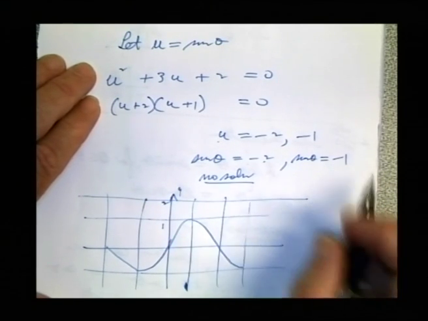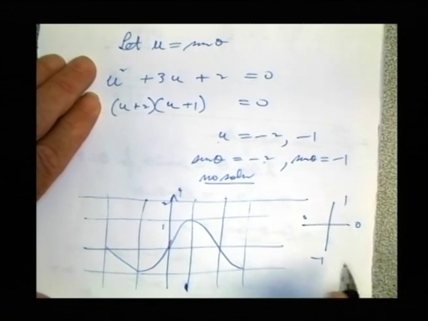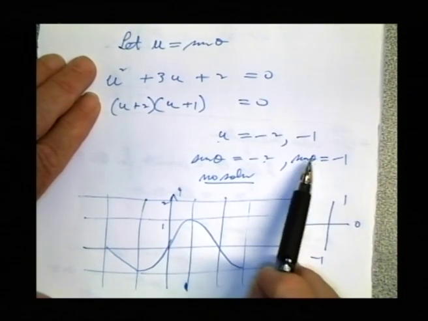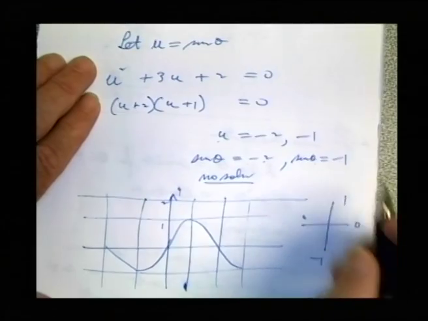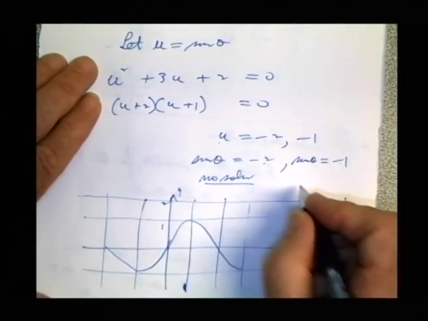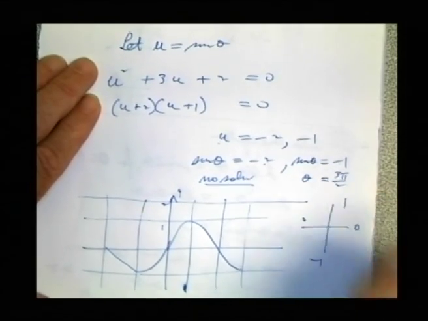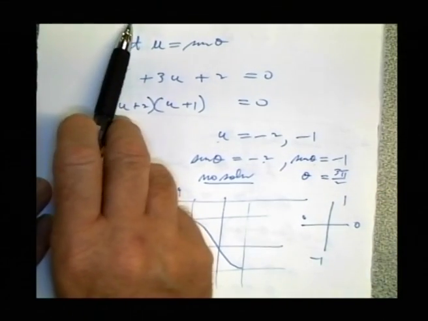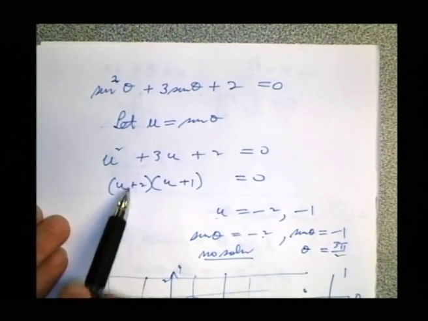When sine theta is equal to minus 1, the minus indicates that it's got to be in the third quadrant or fourth quadrant. In fact, the only answer for this one in the range from 0 to 2 pi would have to be theta equals 3 pi over 2. So that's called a quadratic. Now you don't have to introduce u, you can just put it down quickly in terms of sine theta, but that's the type.